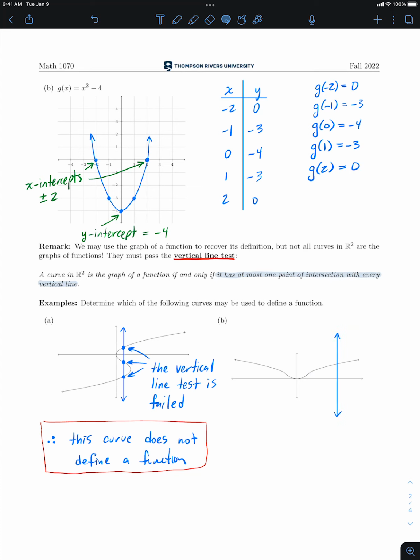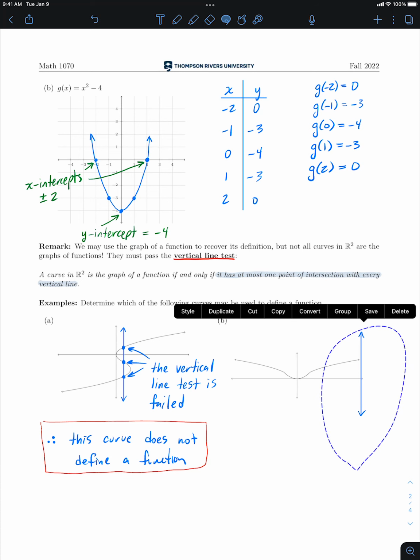And the answer is no. All the way along here, it only ever touches the graph at one point. Okay, so what about over here? It doesn't intersect the graph at all. That's okay. It doesn't have to intersect the graph. That's not a problem. It's only if it intersects the graph at more than one point.